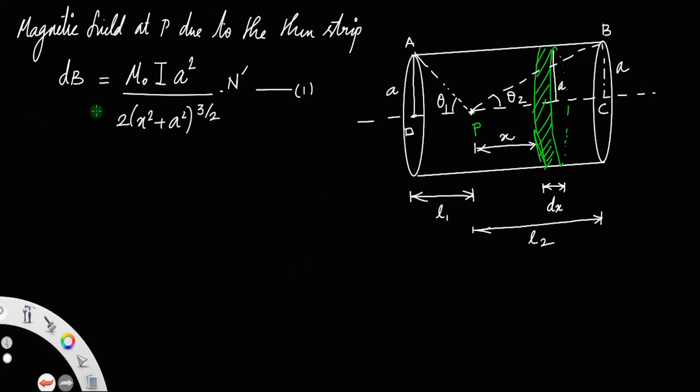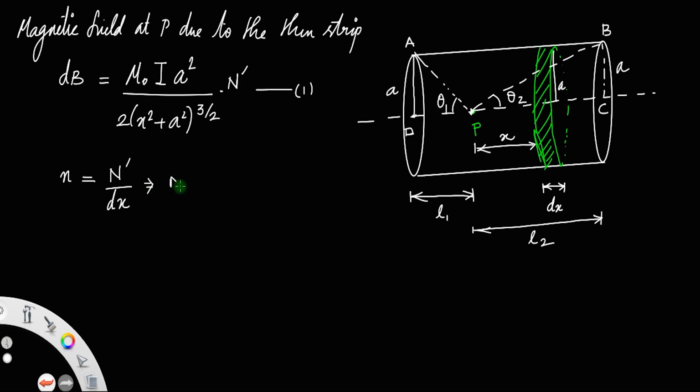So this is the expression for the magnetic field produced. We already derived this expression in the last derivation. And we know the number of turns; let n, the small letter n, be the number of turns per unit length. We have number of turns per unit length equal to total number of turns divided by the thickness. So this n' is the number of turns of this thin strip.